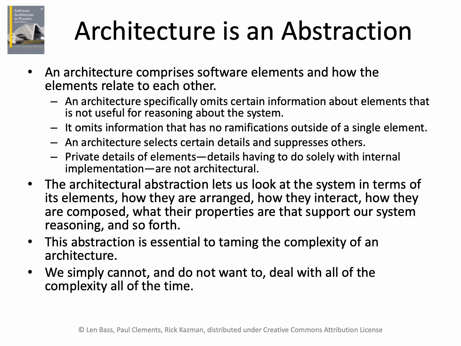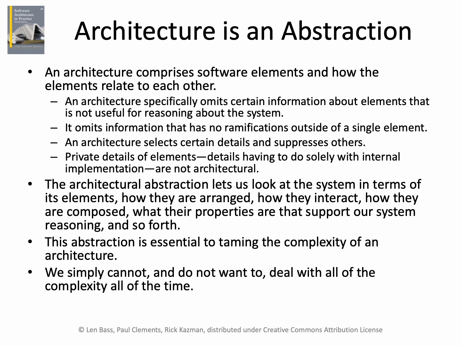In a university management system, the architecture abstracts the complex details of the software into high-level components and their interactions. For example, the architecture might represent the student management component as a single box with inputs and outputs rather than showing every database table, user interface screen, and line of code involved.